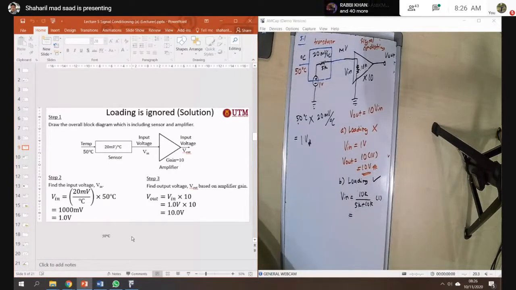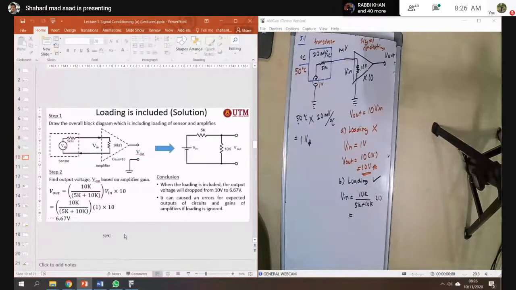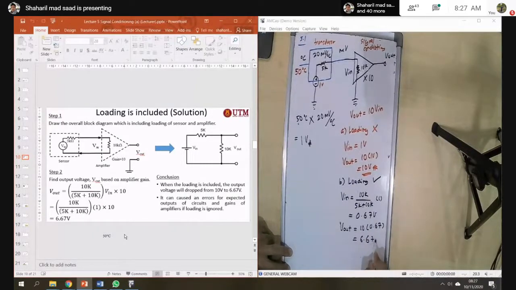Now you will get 0.67 volt. And then you can get V out as 10 times 0.67. Now you got 6.67, 6.7 volt. Okay.